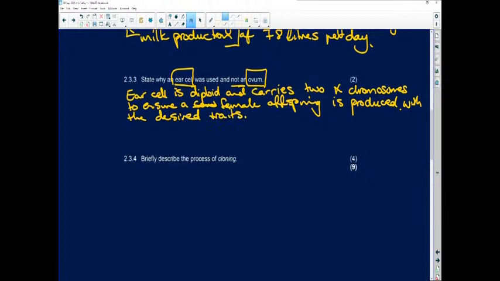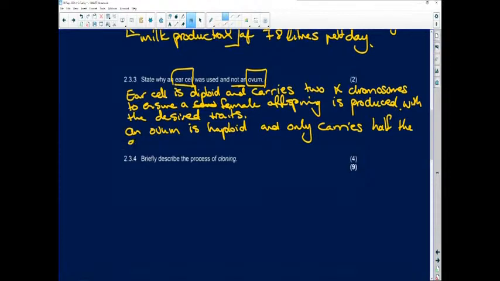An ovum, remember, 1 ovum, many ova, is haploid and only carries half the genetic information.